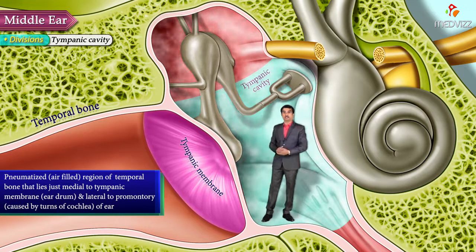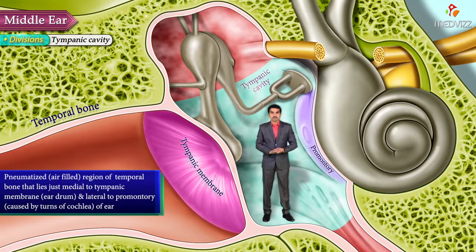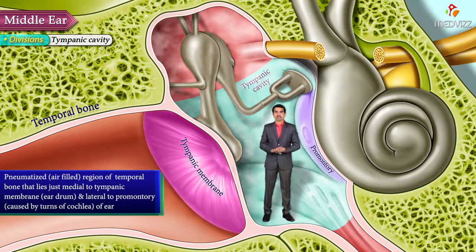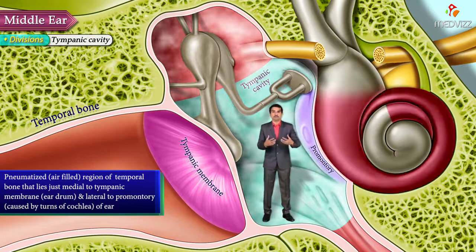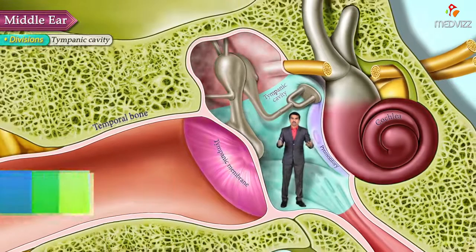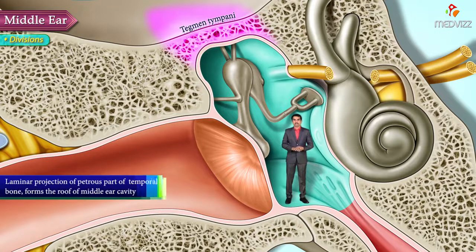The middle ear is located lateral to the promontory. So what is the promontory? The promontory is caused by the turns of the cochlea of the inner ear. Now let us talk about the tegmen tympani. The tegmen tympani is a laminar projection of the petrous part of the temporal bone that forms the roof of the middle ear cavity.